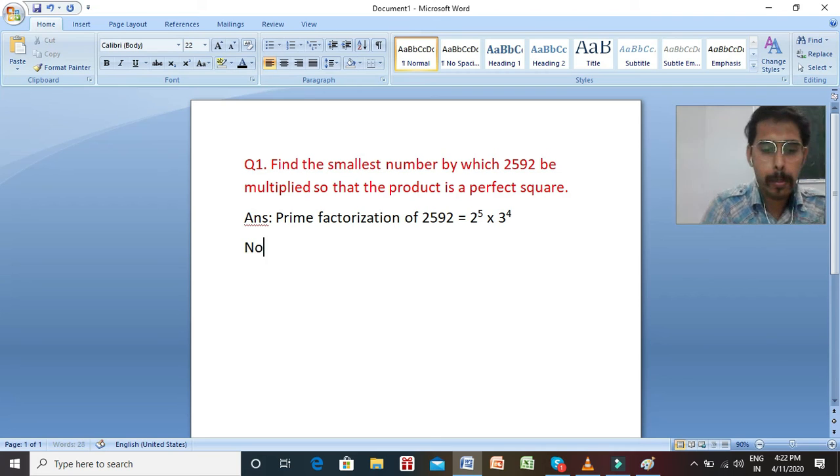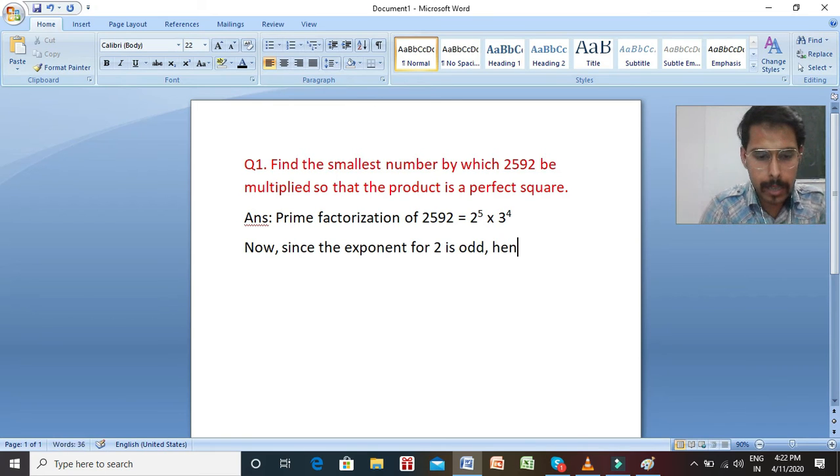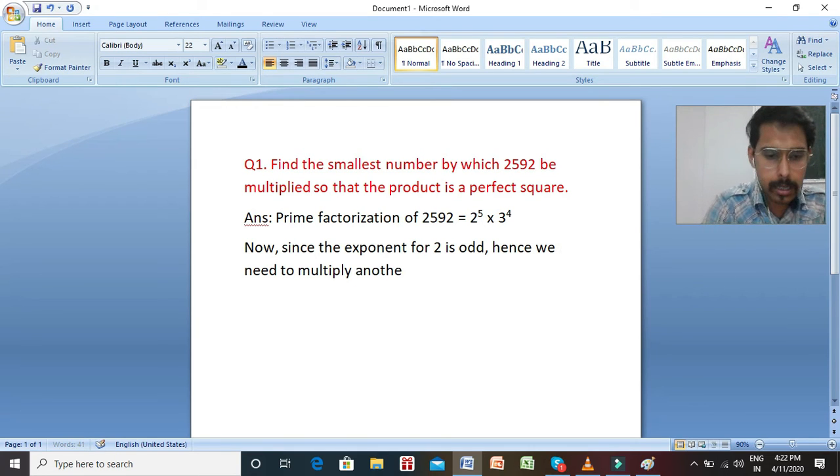So now, since the exponent for 2 is odd, hence we need to multiply another 2 so that it becomes a perfect square.